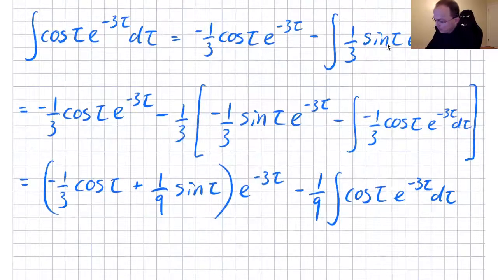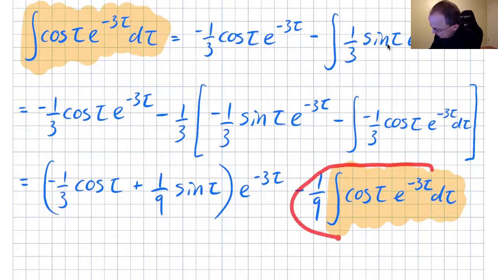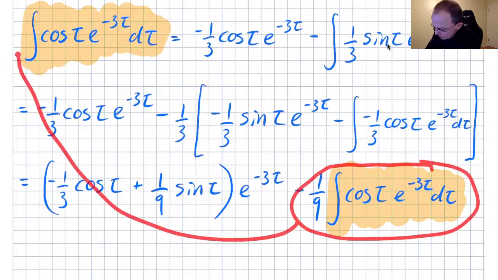Okay, and this is what I promised would happen. So we have this guy here is equal to this one right here. So we did integration by parts twice, and we ended up getting the same thing back again. Now what we do is we take this term here, and we're going to move it over there.